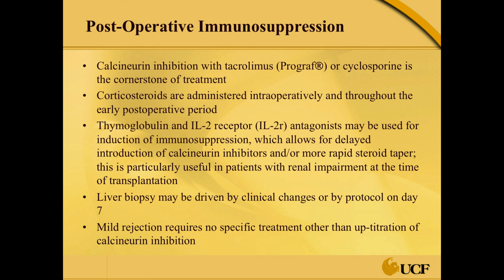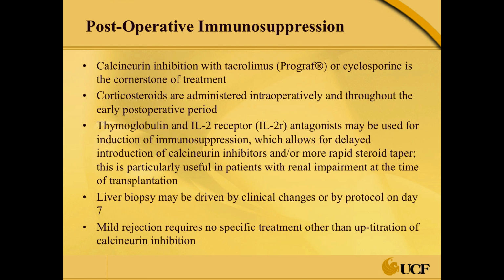And it also allows for a more rapid steroid taper. That's really good in patients who have renal impairment at the time of liver transplantation who may not be able to have all of these drugs on board because they can't renally clear them.